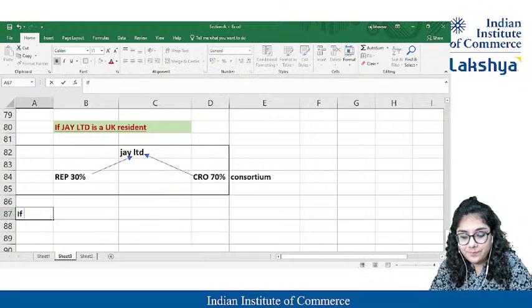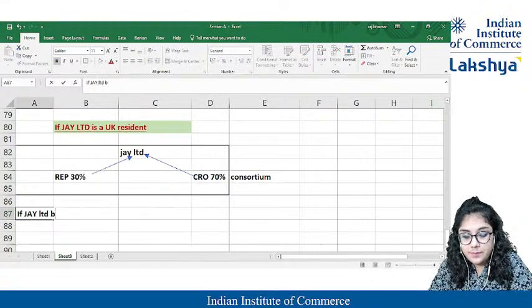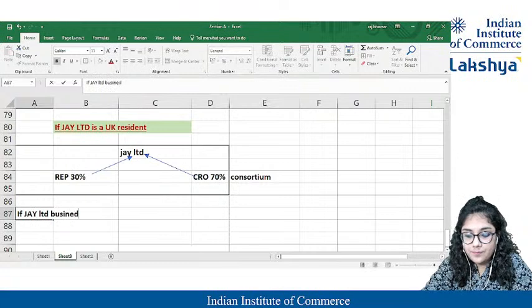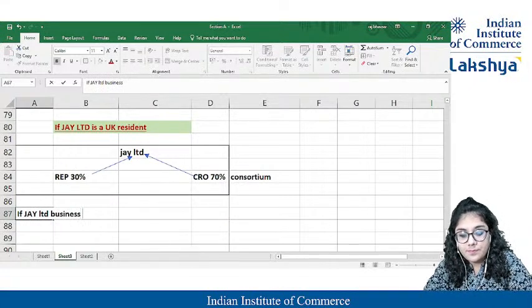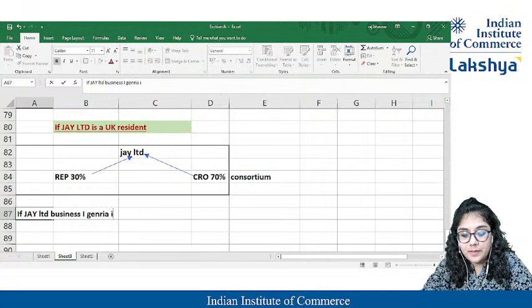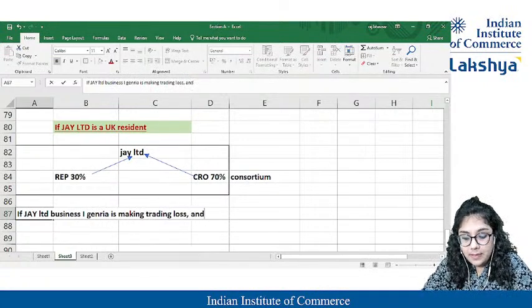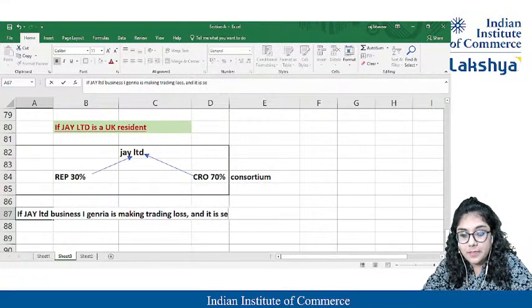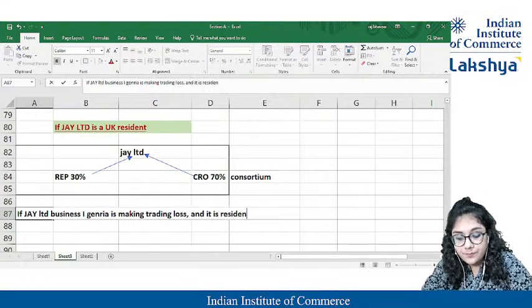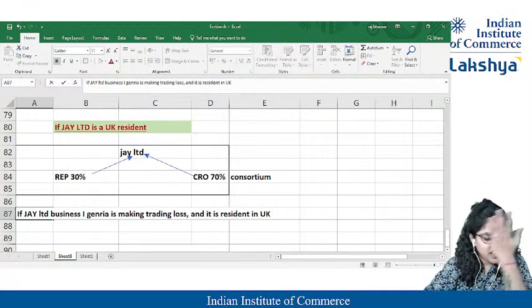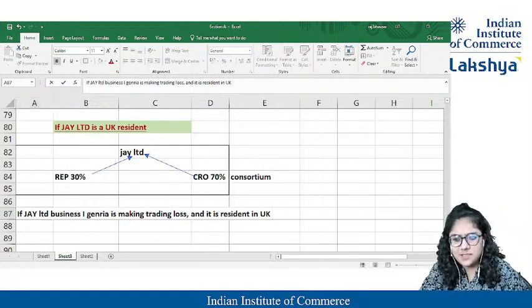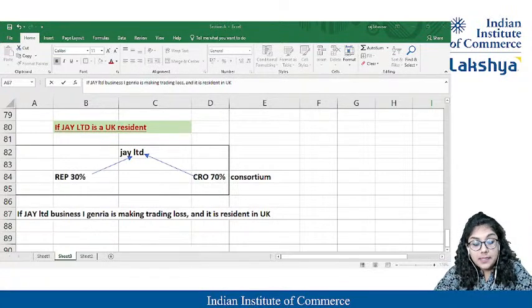If Jai Limited's business in Nigeria is making trading losses and it is established, it is a resident in UK, no matter where it's situated and running the business, that is another thing. Then the REP Limited, my company, can be able to make the loss claim, but how much? To my extent only, to 30% only.